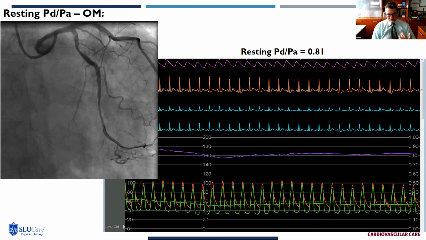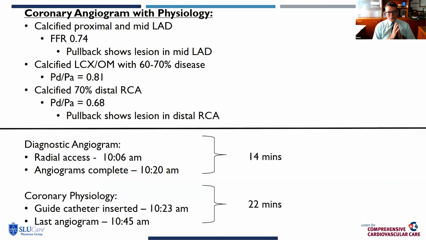I've shown you resting Pd/Pa, I've shown you contrast FFR, and I've shown you adenosine FFR. I don't have the capability of doing iFR in my cath lab, but certainly you could have demonstrated similar capabilities with iFR. And so this is the alphabet soup.